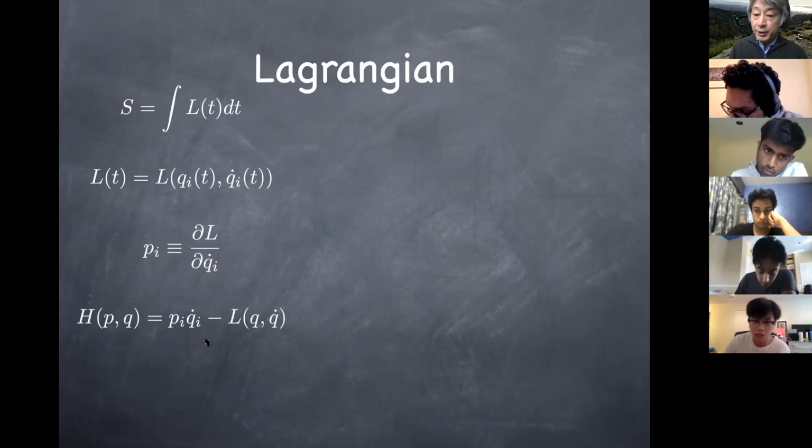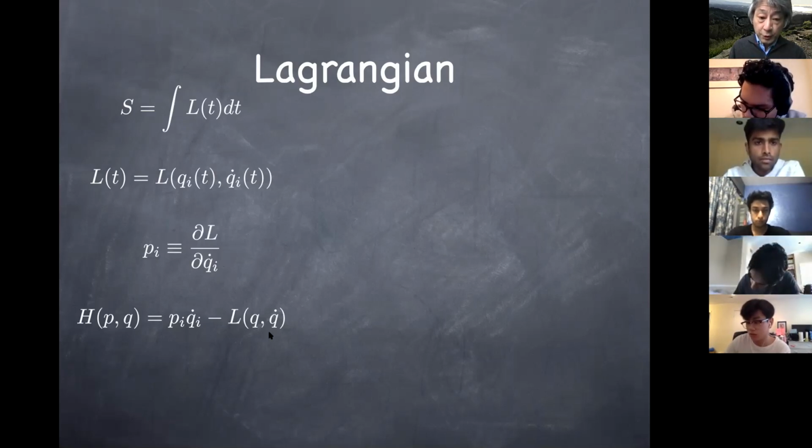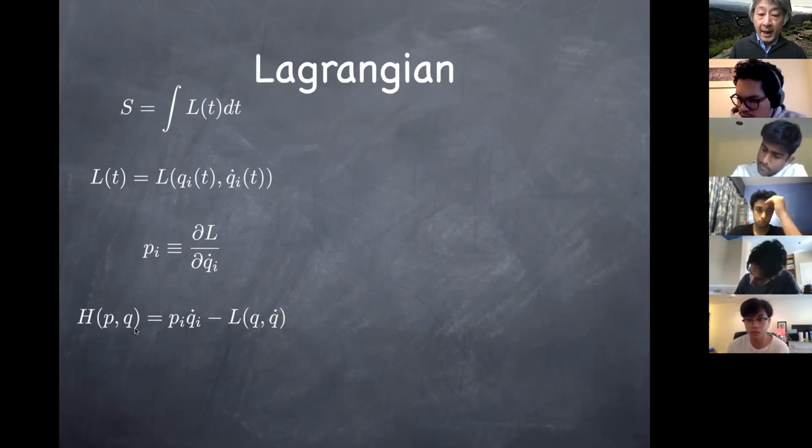Here you have to do a little bit of work, because using this definition of p, you want to eliminate q dot in favor of p in the expression of the Lagrangian, which is a function of q and q dot. You also eliminate this q dot in favor of p here, so that the Hamiltonian is a function of p and q.